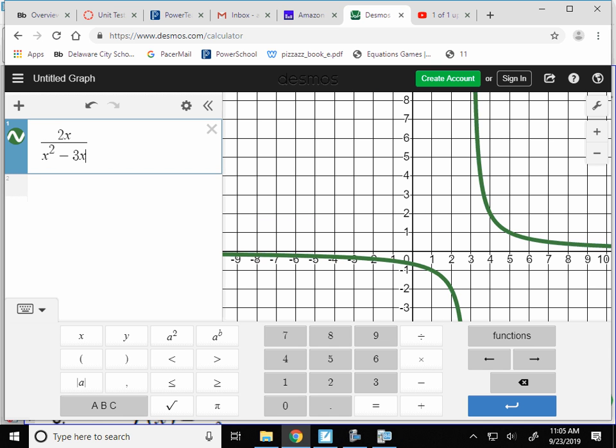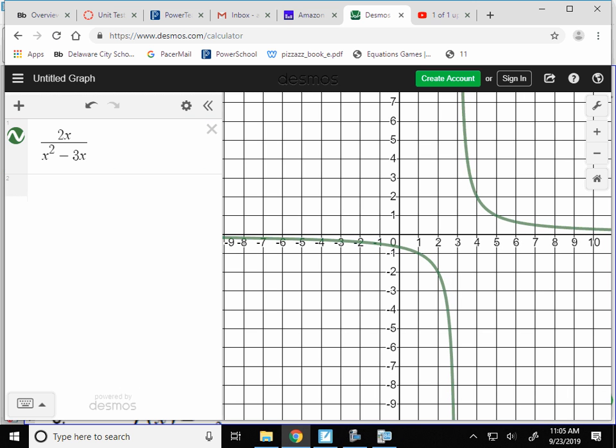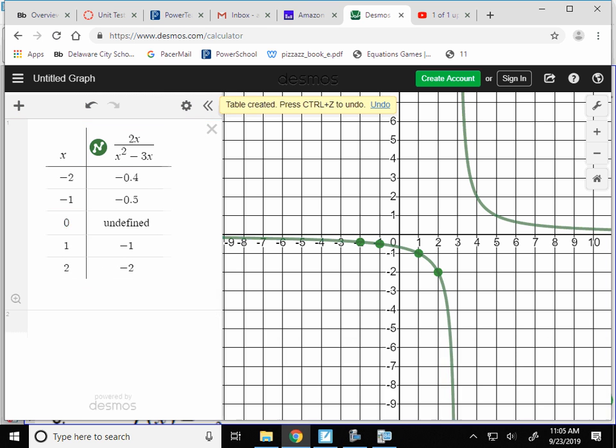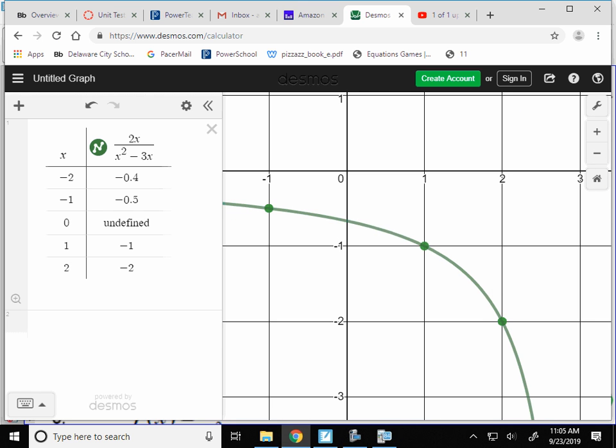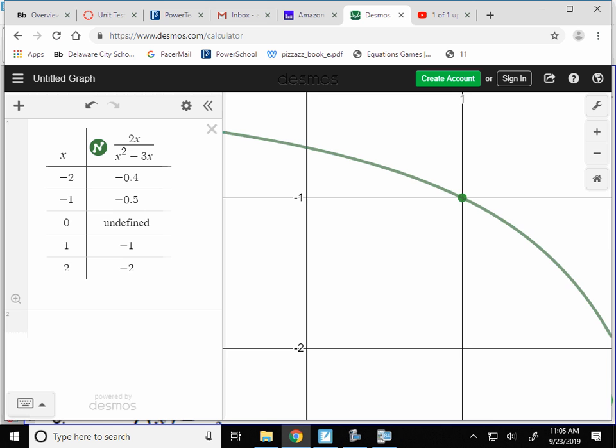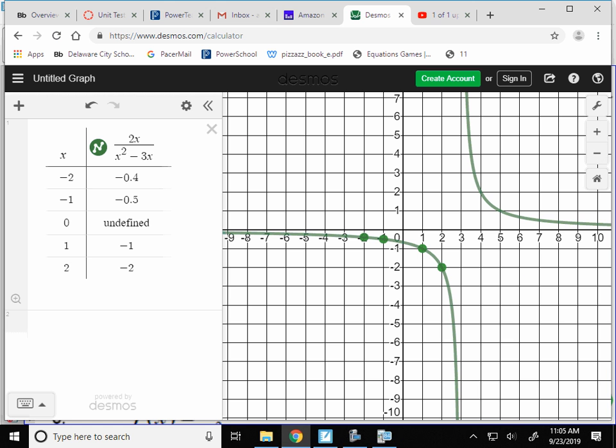Here's the graph. Now we said my domain could not include 0. It's hard to see from the graph, but if I looked at the table, for x of 0 it says undefined. There's actually not a value there, and if I zoomed in on the graph, sometimes they put a little hole right here. You can't really see it, but there isn't a value at 0.